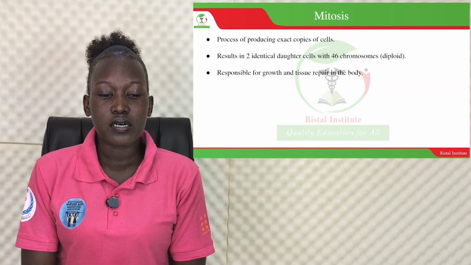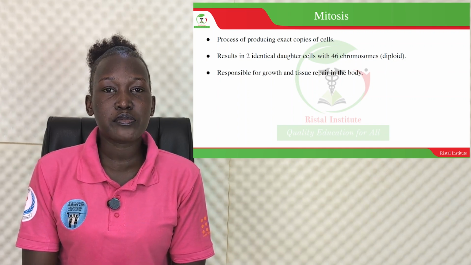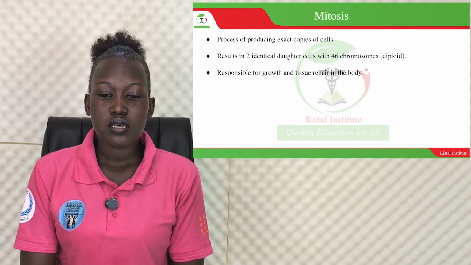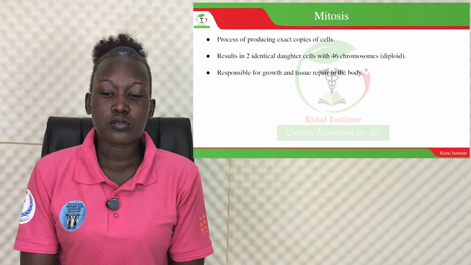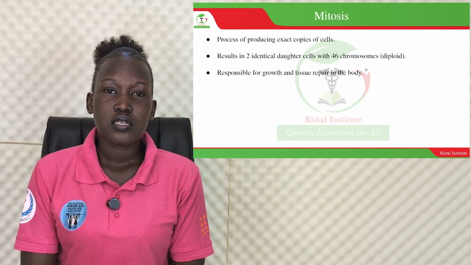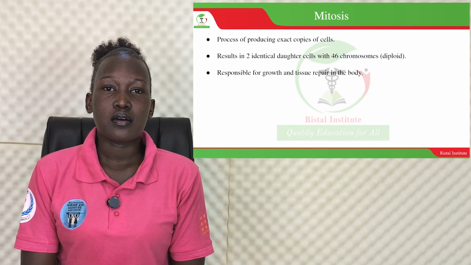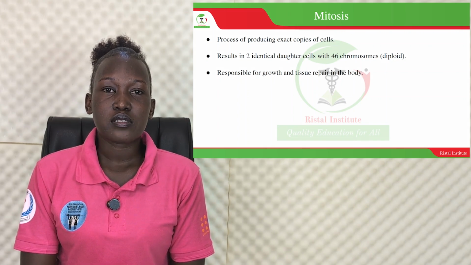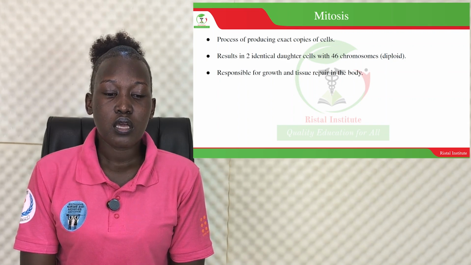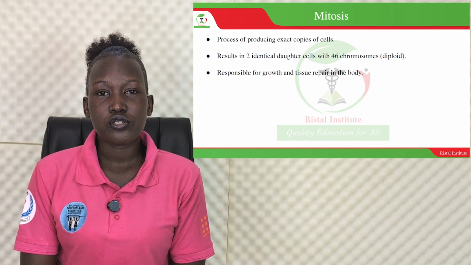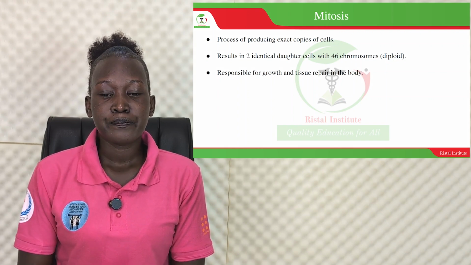That multiplication results in two identical daughter cells with 46 chromosomes, what we call the diploid cell. This is actually what happens when the sperm meets the egg. It gives us the 46 chromosomes. It's also responsible for growth and repair of tissues, as I mentioned before.